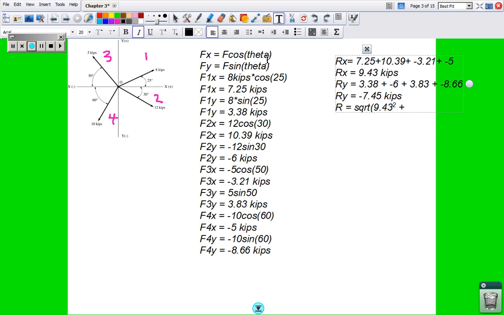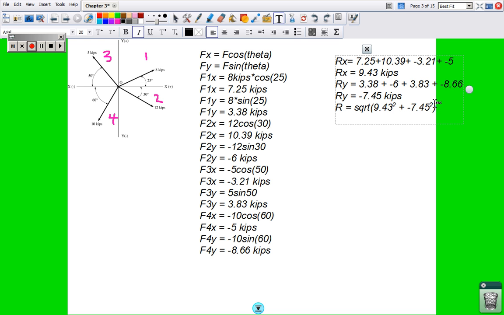This is just Pythagorean again, and I used SQRT for square root. Now remember, when we square that negative, it goes away.